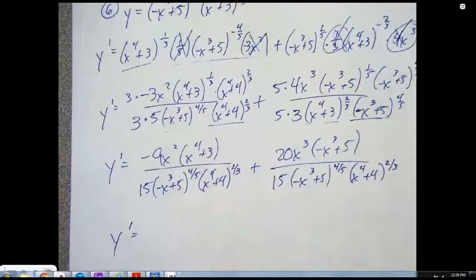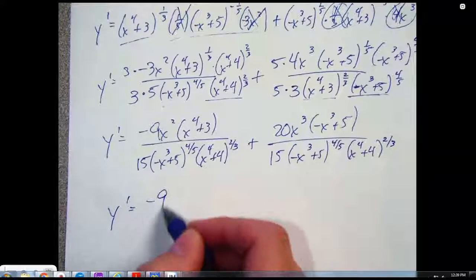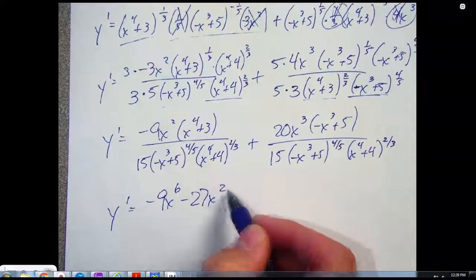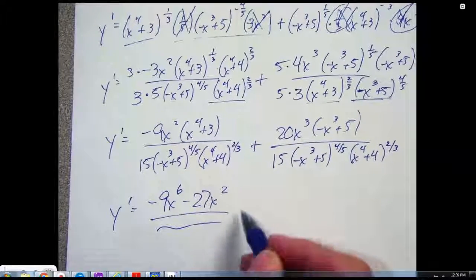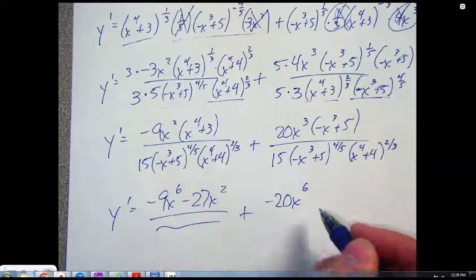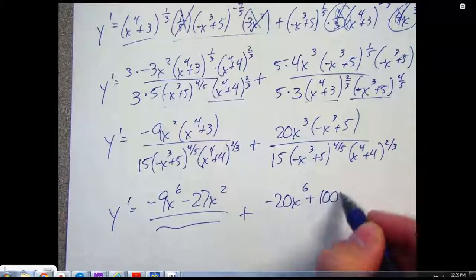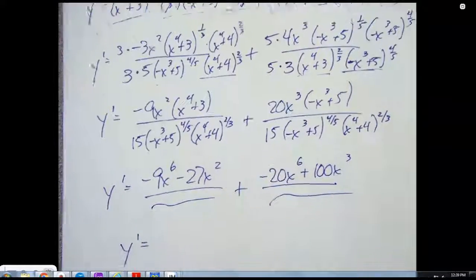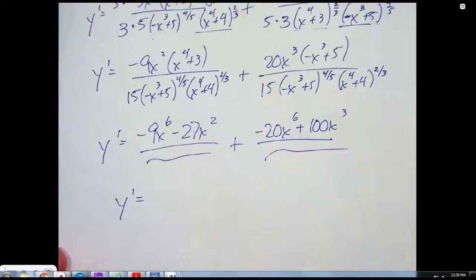So this distributing on the left-hand fraction will give me negative 9x to the 6th minus 27x squared over, I'm just going to say blah, blah, blah for now. And then this will give me negative 20x to the 6th plus 100x cubed over, I'm going to say blah, blah, blah. And then I'm going to combine them and reinsert the blah, blah, blah.